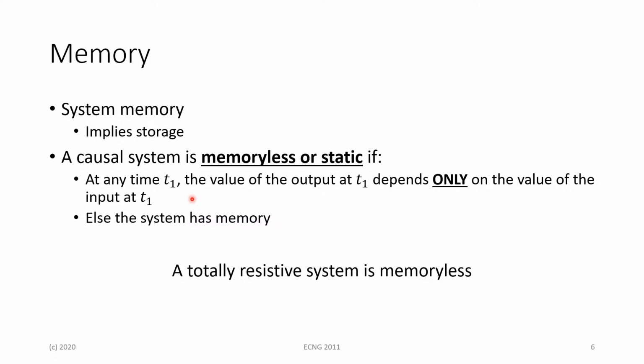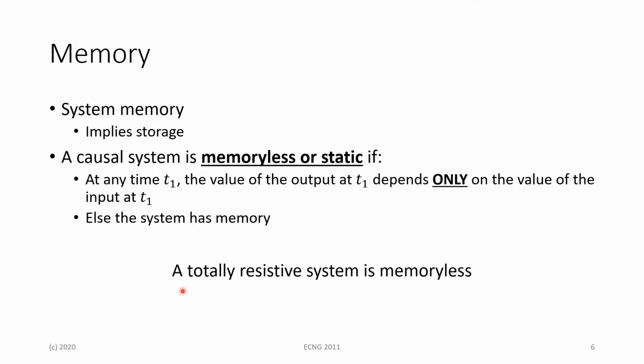However, once the output depends on past values, these values need to be stored. If the output depends on past values of the inputs, meaning past time instances, these values need to be stored somewhere in memory. As such, our system will have memory. With physical components, this means storing some sort of charge.